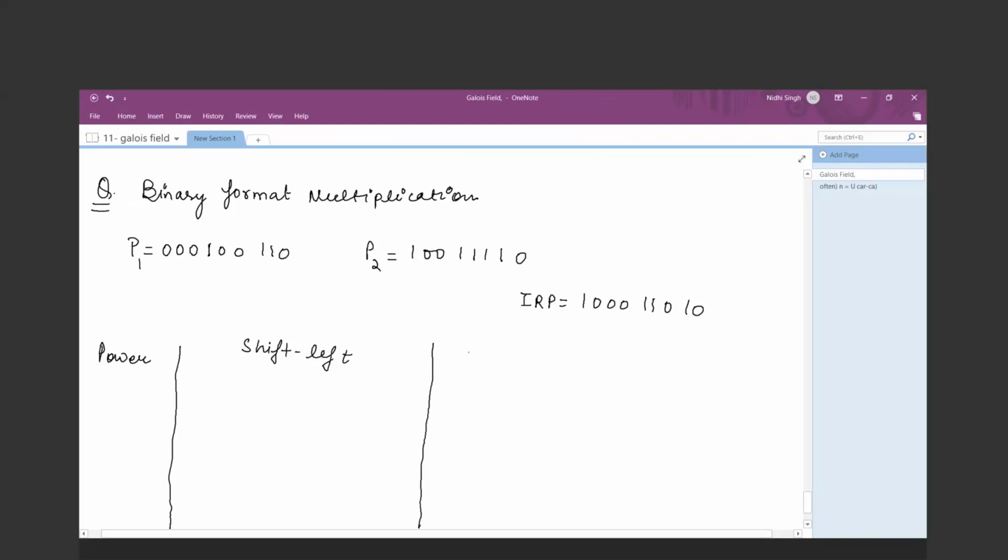And the third one is reduction, and answer. तो मुझे पता है कि मेरा x to the power 5 मेरा हाईएस्ट टर्म था इन P1. तो मैं x to the power 0 से स्टार्ट करूंगी, x to the power 0, x to the power 1, x to the power 3, x to the power 4 and 5 and multiplied with P2.